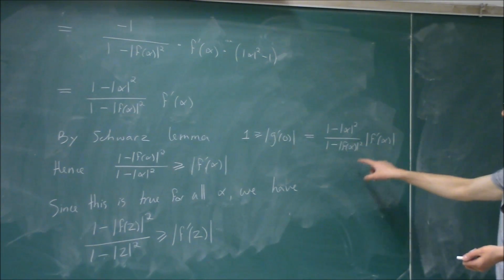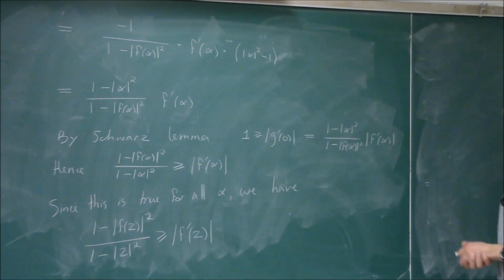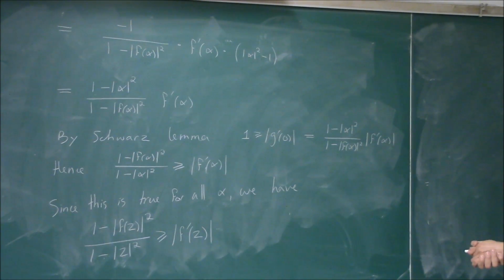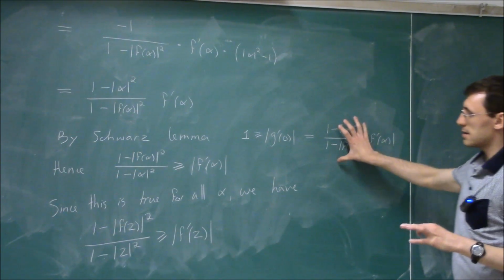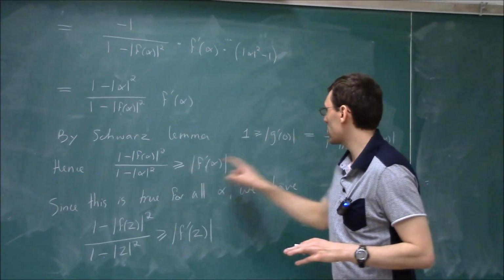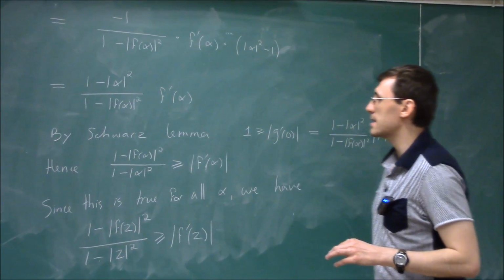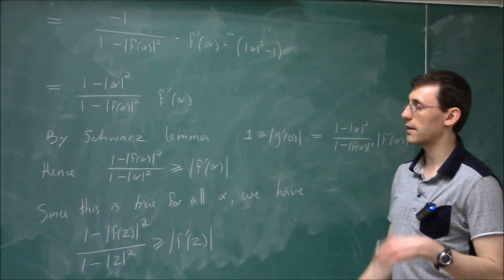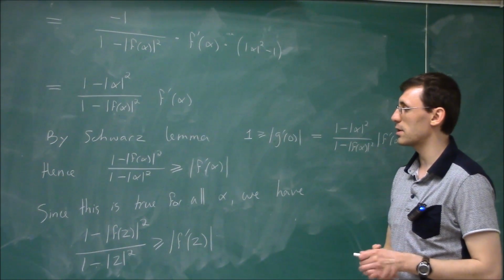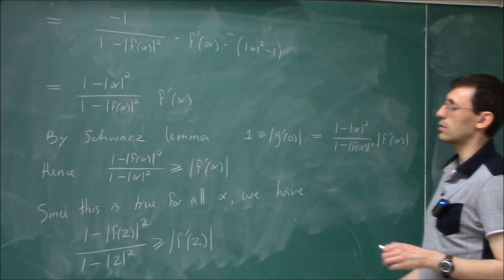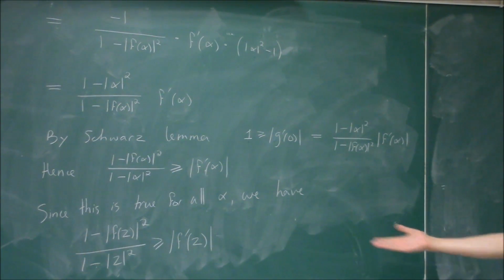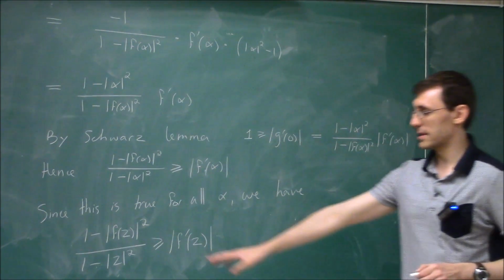So the modulus is simply 1 minus modulus alpha squared over 1 minus modulus f of alpha squared times the modulus f prime alpha. Now, taking this and multiplying across the inequality, I see that 1 minus modulus f of alpha squared divided by 1 minus modulus alpha squared is bigger than or equal to the derivative at alpha. And since, of course, this is true for alpha, we have this estimate.